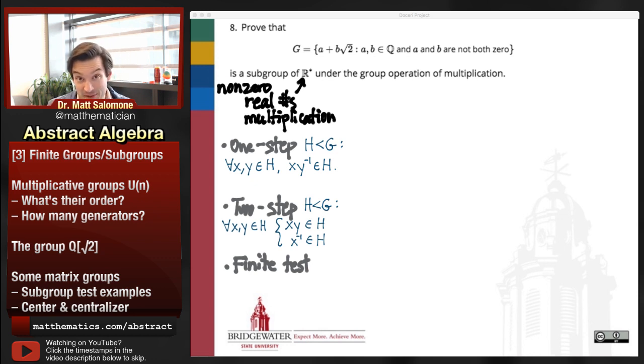So the two-step test is not that far off from the work we would have to do to verify all four of these criteria anyway, but it's a little bit shorter, and sometimes a little easier to work with.